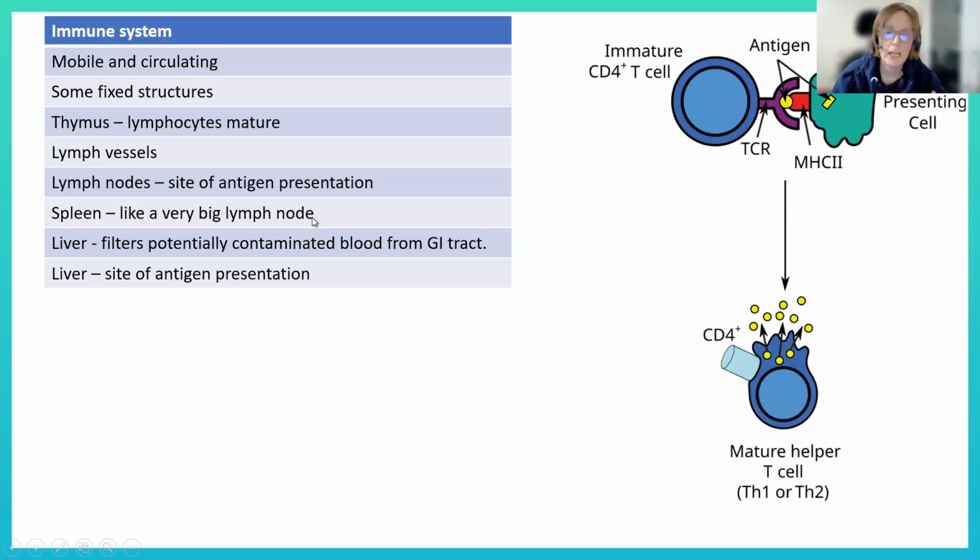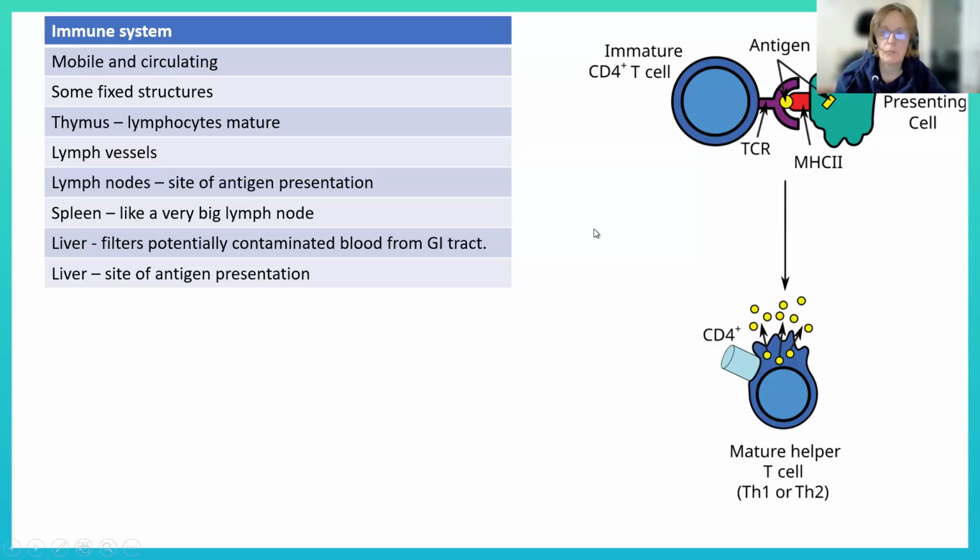So again, somewhere where the immune system does its antigen presenting, so gets the immune response going. We talked about the liver, which can filter the blood directly from the gastrointestinal tract. Remember that hepatic portal vein, all of those blood vessels that are taking in our nutrients in the gut, they go straight to the liver. That's the first place it goes to. So the liver's got a really important role in filtering the blood. And again, that's a site of antigen presentation.